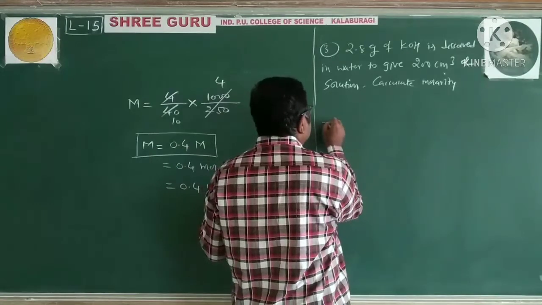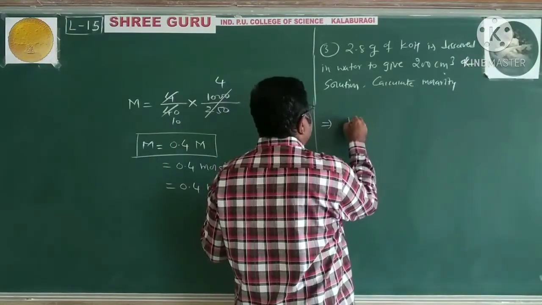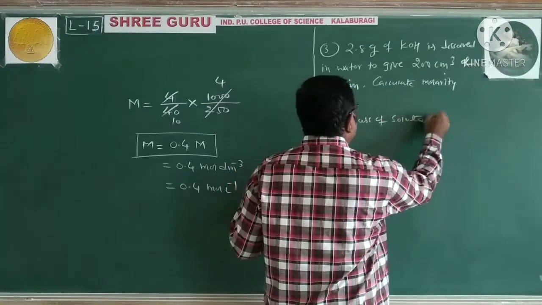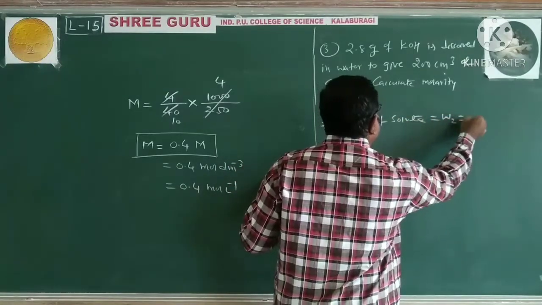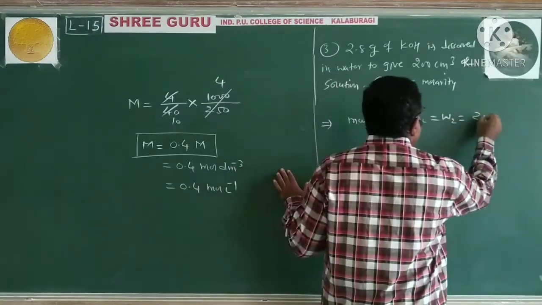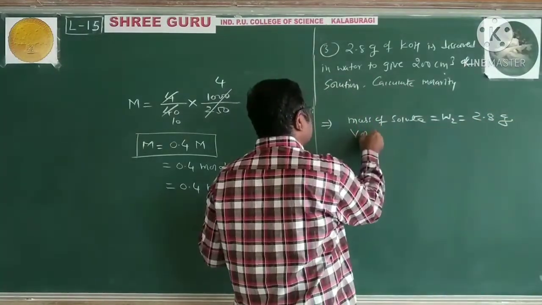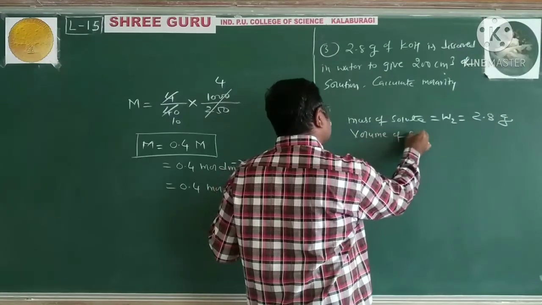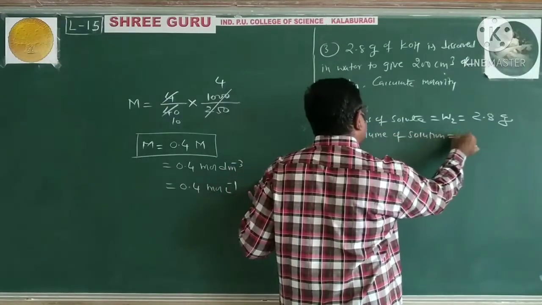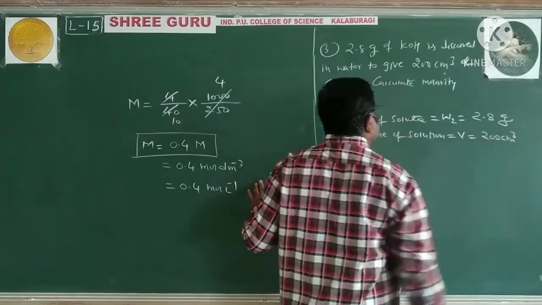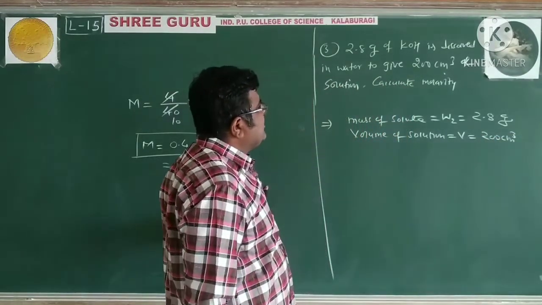2.8 gram of potassium hydroxide. Mass of solute W2 is 2.8 gram. Volume of solution V is 200 cubic centimeter.